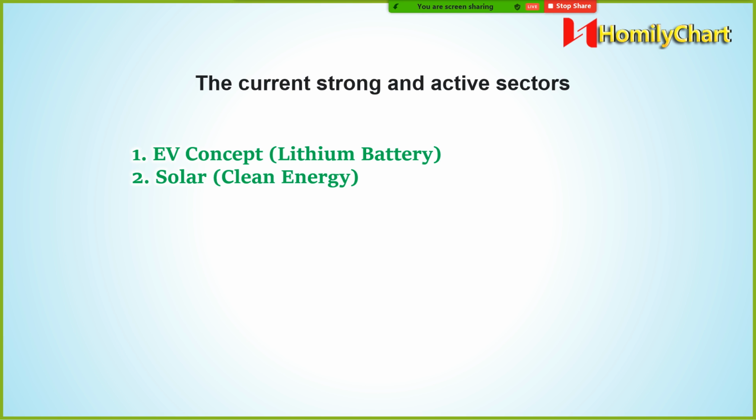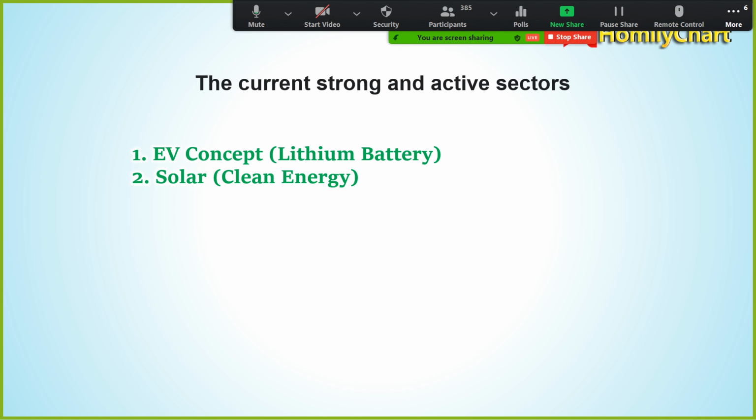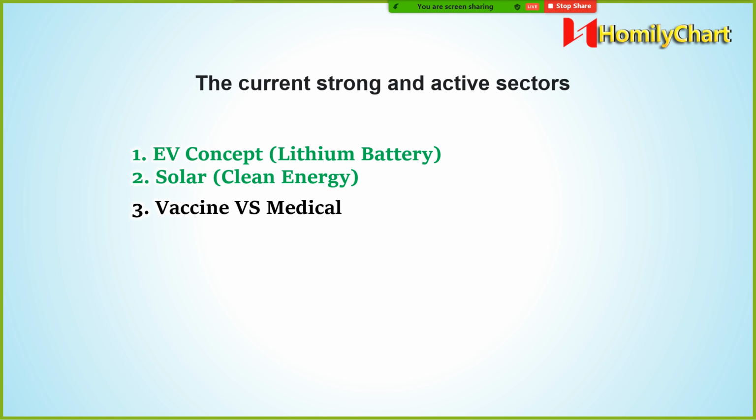So if you ask me, John, which sector we should buy in 2021, I also want to share with you again. Technology is the first one, and the EV concept is also the first one. Okay, and solar. But the vaccine and the medical sector maybe is very hard to decide.